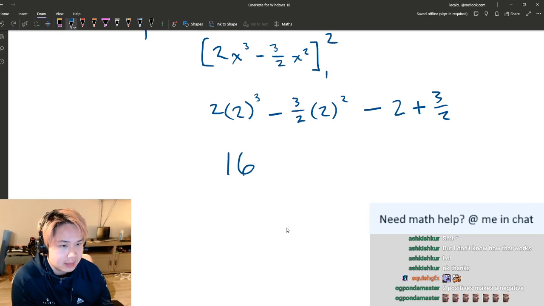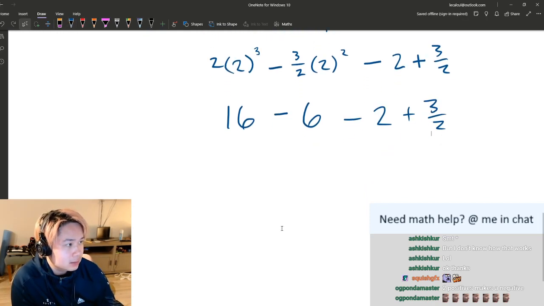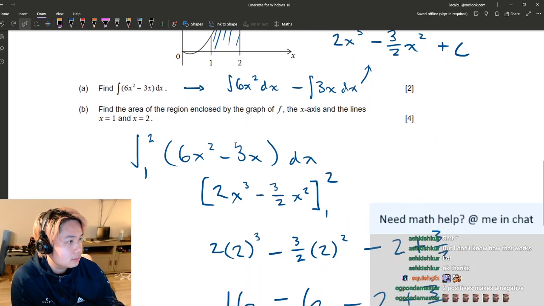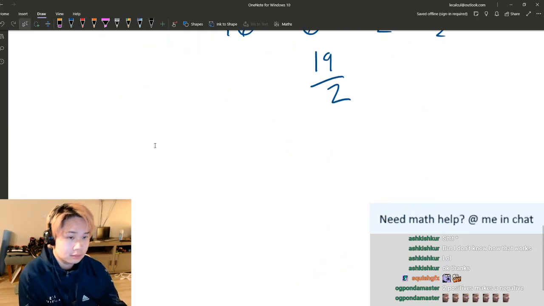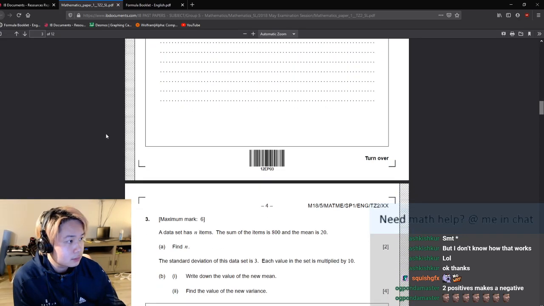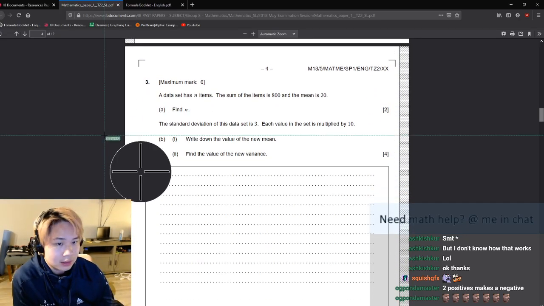Okay, this is 16. This is 6. So 16 minus 6 is 10, minus 2 is 8. 8 plus 3 over 2 is 19 over 2. So that should be this area right here. Nice, going along smoothly.